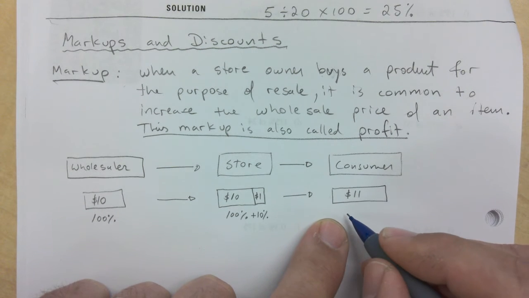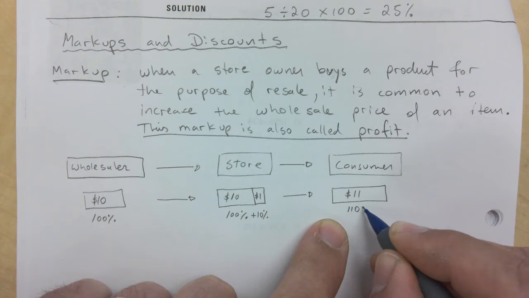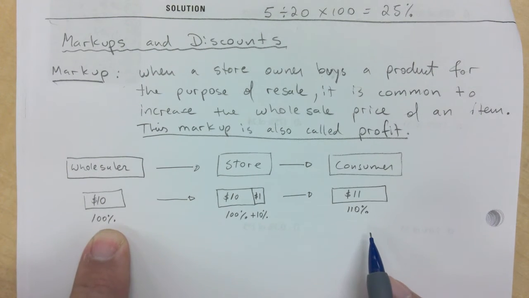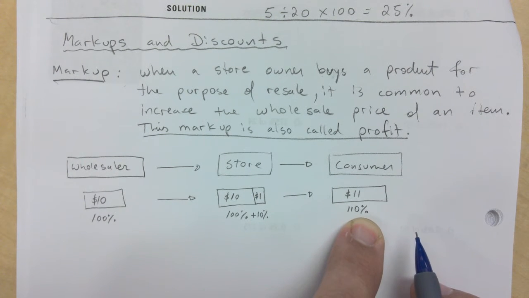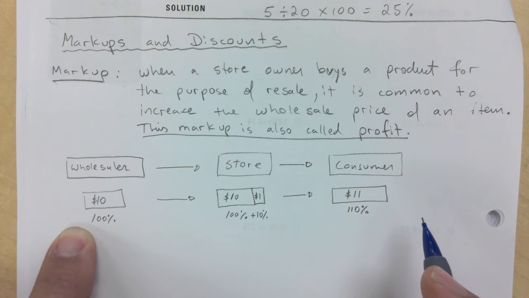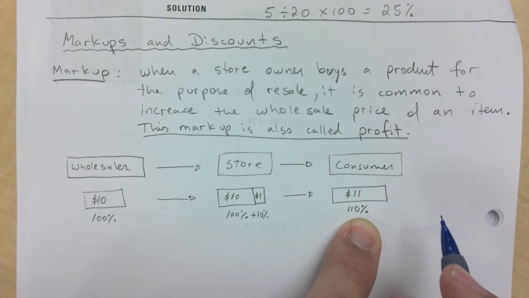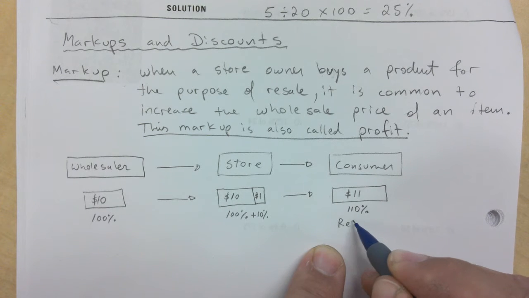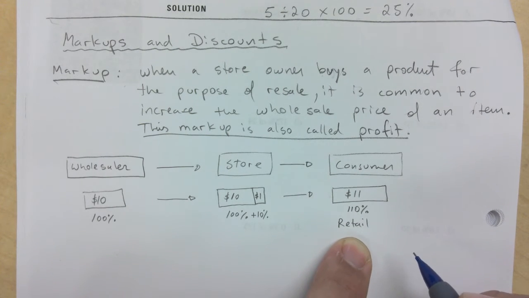Compared to the original value, you are now as a consumer paying 110% instead of just 100%. We call that the retail. That's what you pay at the store. That's the retail price.